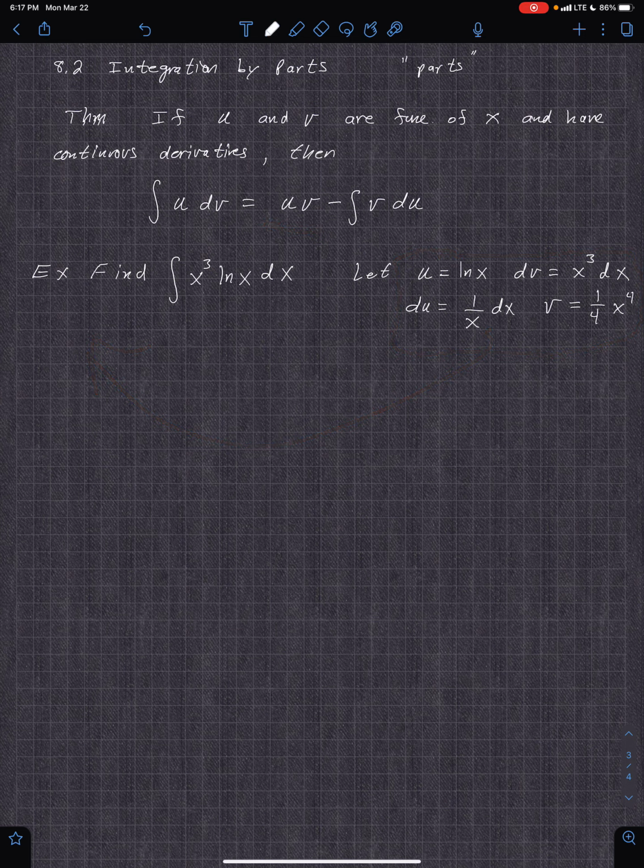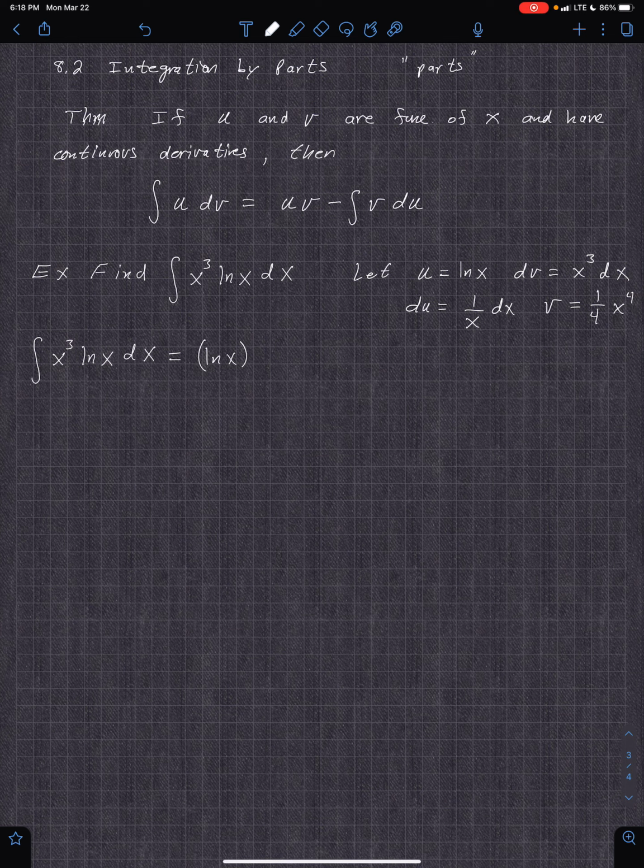So this would equal, let's just say this, I'll just recopy it. So this equals u times v, so you just put in u times your v. So that would be your ln x, we'll put in parentheses.